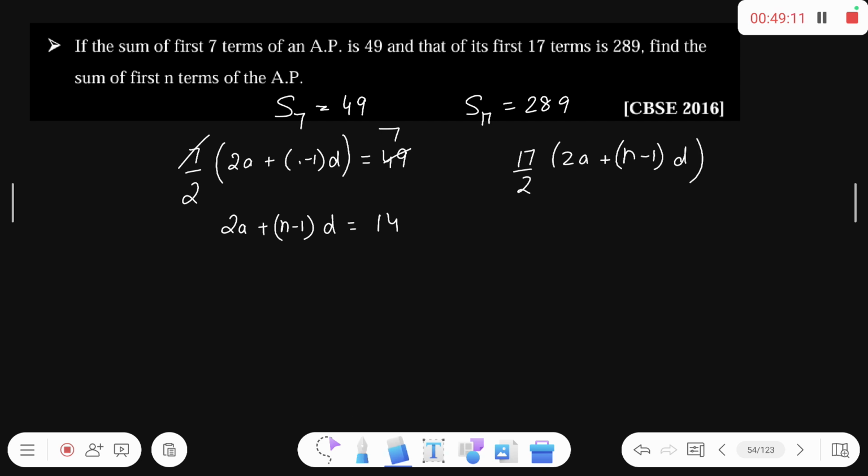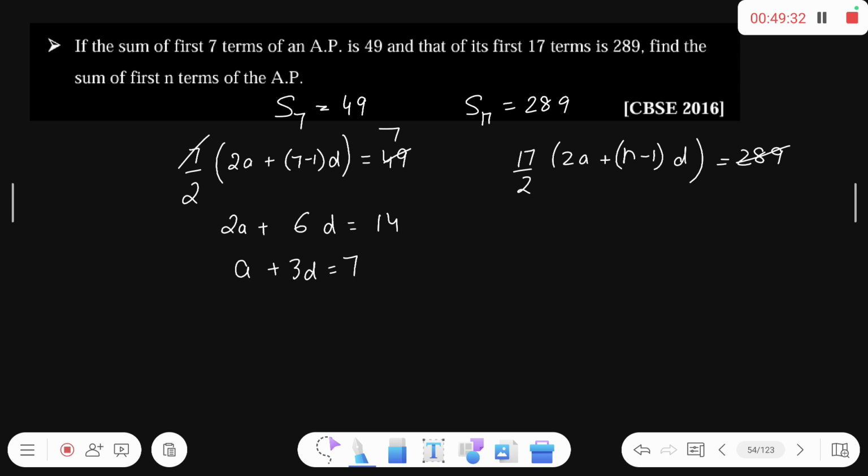Put n here as 7. It's 7 minus 1 is 6D. So the equation, or you can say A plus 3D is equal to 7.